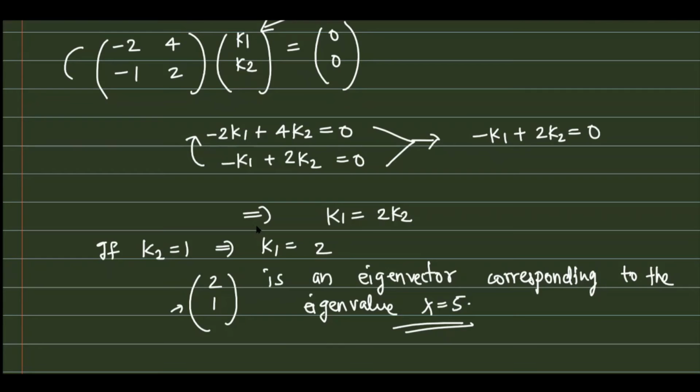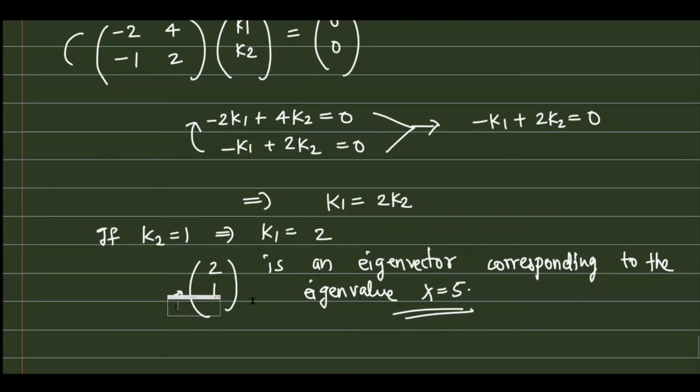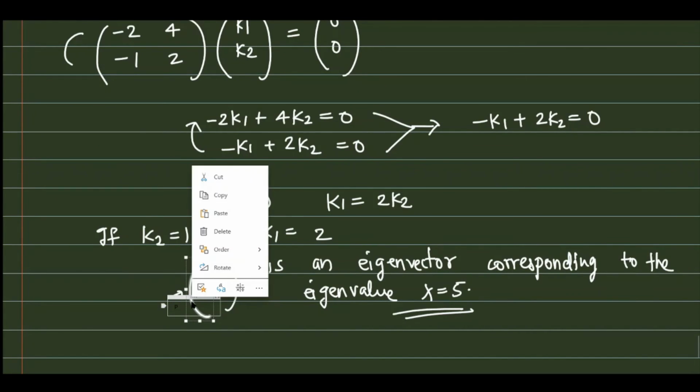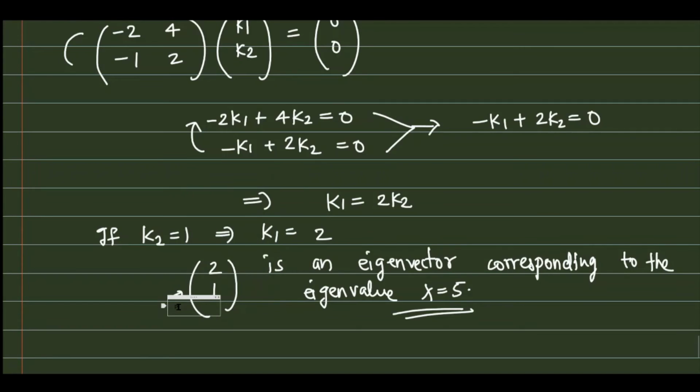So in this problem, lambda equal to 5 is a repeated eigenvalue and (2, 1) is one of the eigenvectors. So in the last problem, we see that if k2 takes different values, k1 will be different.